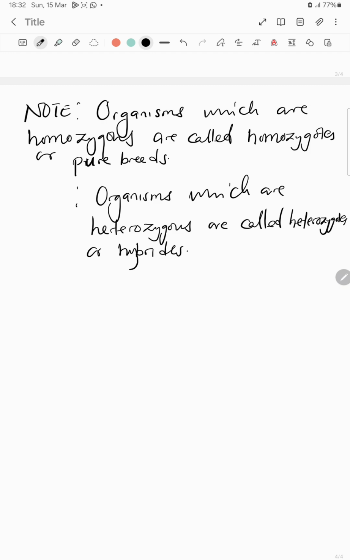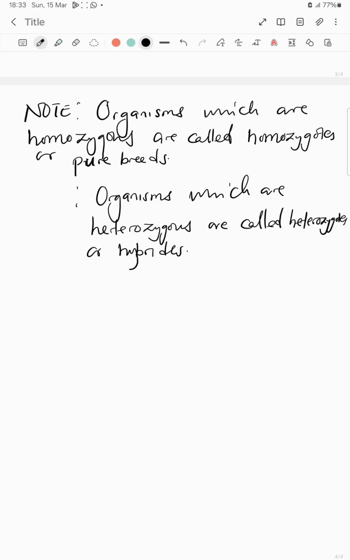Now, note that this point is very important. Organisms which are homozygous are called homozygotes or pure breeds. So if there is a question that says define pure breeds, simply say they are organisms that have both alleles the same.